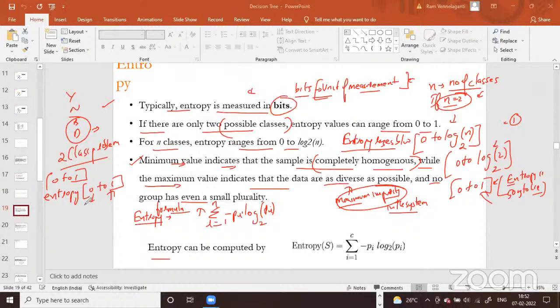So diagrammatically, how can you represent your entropy? It is going to look like this for a two-class problem. So 0 to 1. And these are your two classes. Birth is one class and death is another class. What is the entropy at birth? There is no confusion for us. Entropy value is 0. At the time of death, what is the entropy value? It is 0.